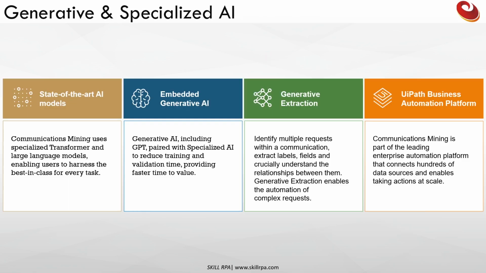UiPath Communications Mining combines both the Gen AI and the specialized AI features in order to give you the best results. It also uses generative extraction in order to extract the information from the unstructured messages. There is a feature called CommsPath, which is a part of Communications Mining, which leverages the large language models and Gen AI capabilities to extract the information.